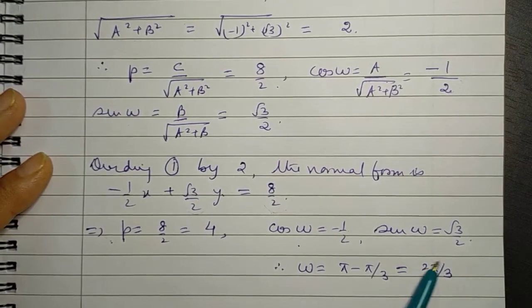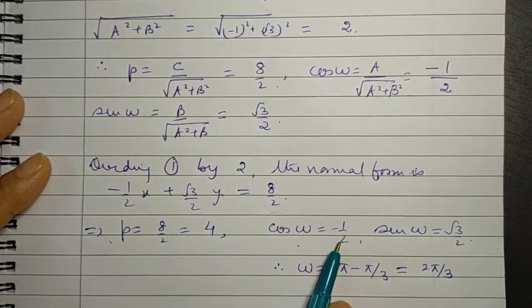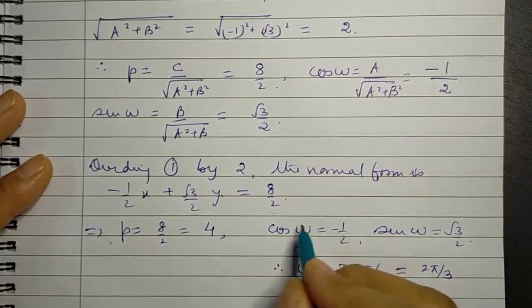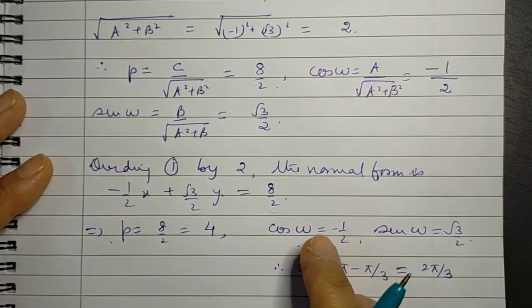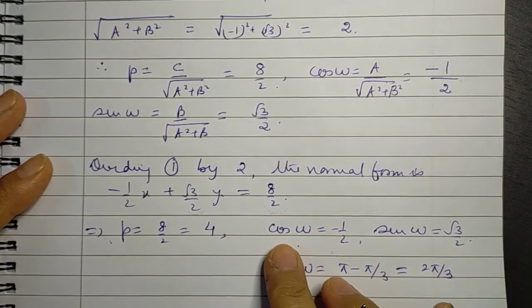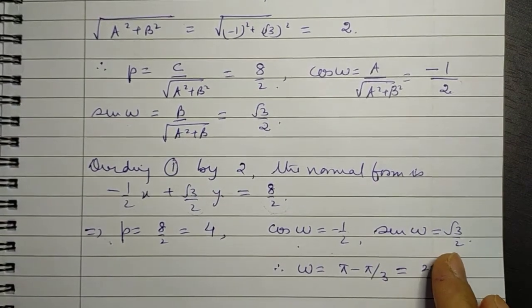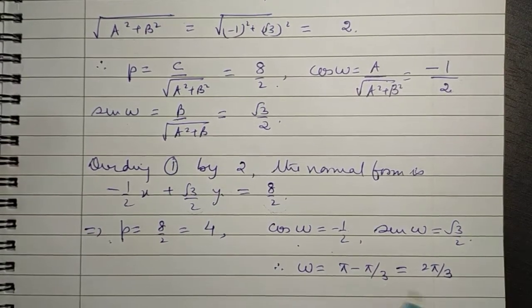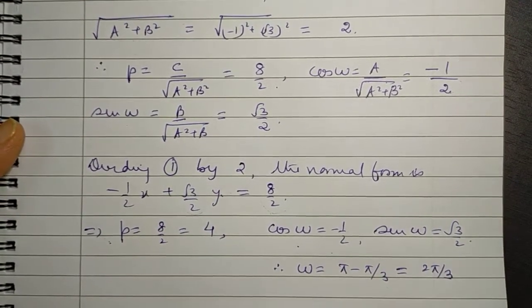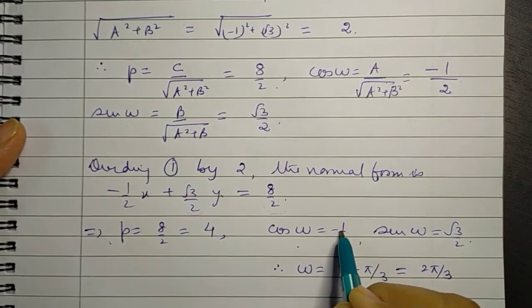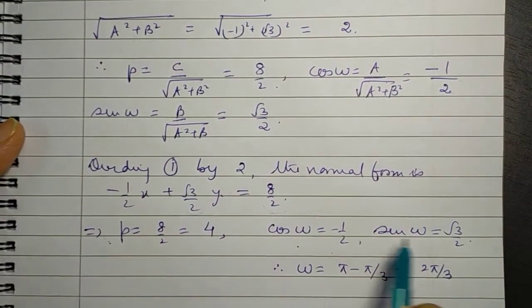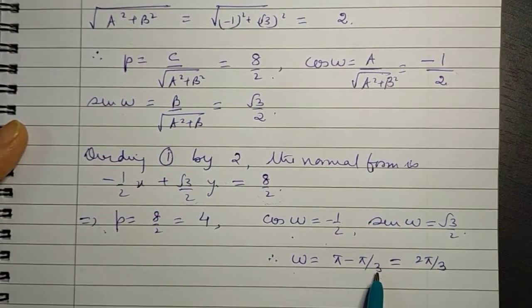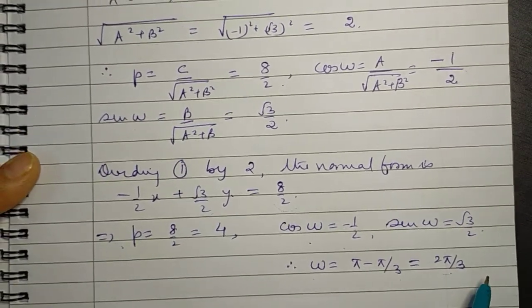So how do we get this 2 pi by 3? As we have done in trigonometry already, the angle which gives you cos omega as half and sin omega as root 3 by 2 is 60 degrees, which is pi by 3. And so because of this sign, we have to take the second quadrant, and that is why the angle omega would be pi minus pi by 3, which is 2 pi by 3.